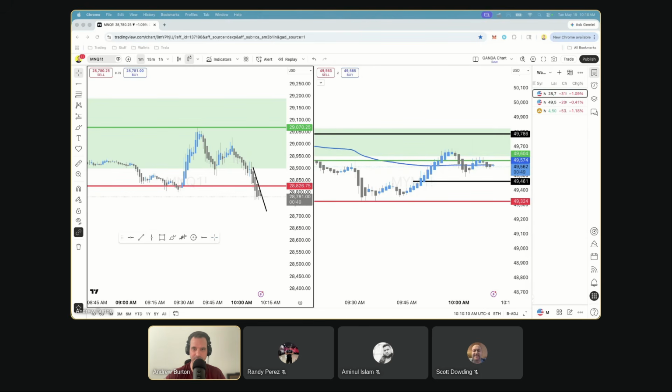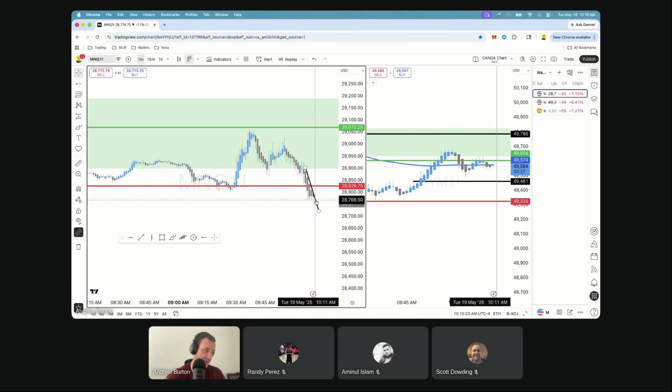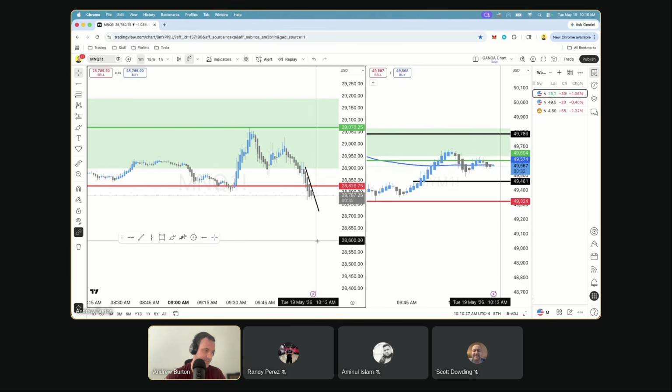If we get a body open around here, it's gonna just go down. Oh, you can't see my chart. Wait, sorry. If we get a body open where it is right now, if this body opens around where it is, then it should come down.